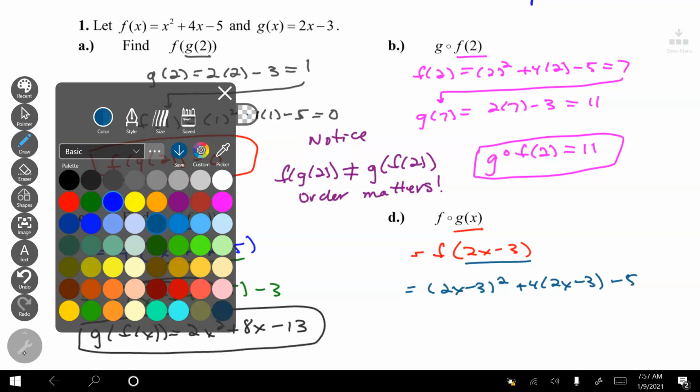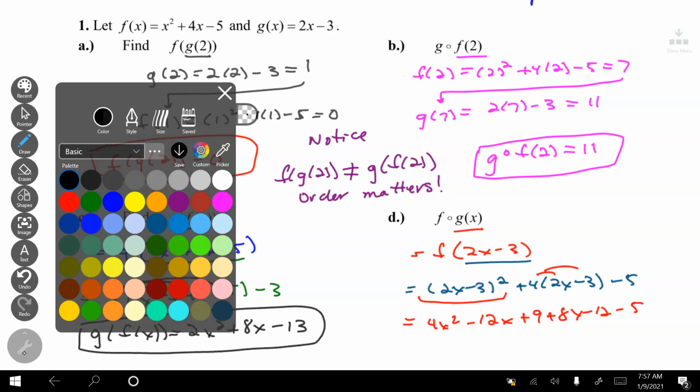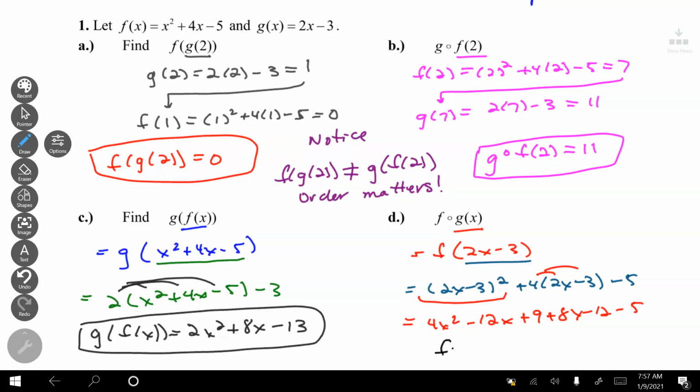And if I expand this binomial, we talked about this briefly, that's 4x squared. 2 times negative 3 is negative 6, times 2 is negative 12x plus 9. Distribute plus 8x minus 12 minus 5. So I get a final result of, I'll do it in black, f composite g of x is equal to 4x squared minus 4x minus 8.